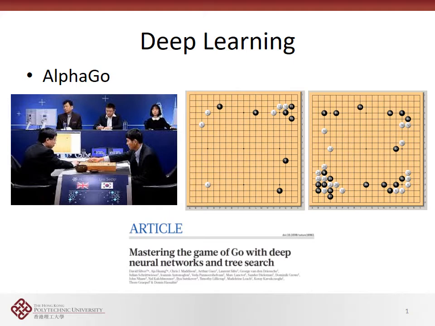And what shocked me more is that during these games, AlphaGo made some moves that human beings would never take, such as move 10 and move 12 in the first figure, and move 37 in the second figure.